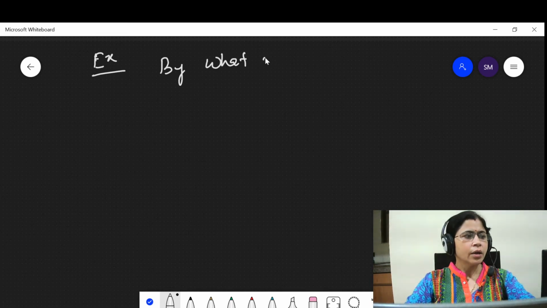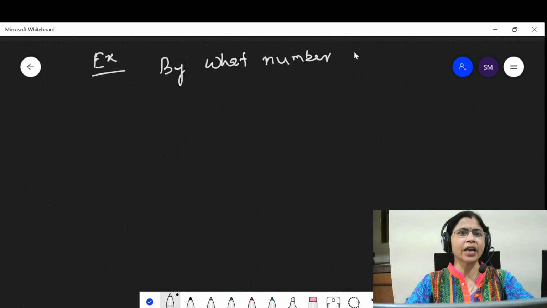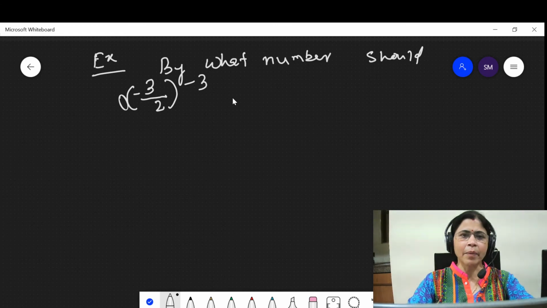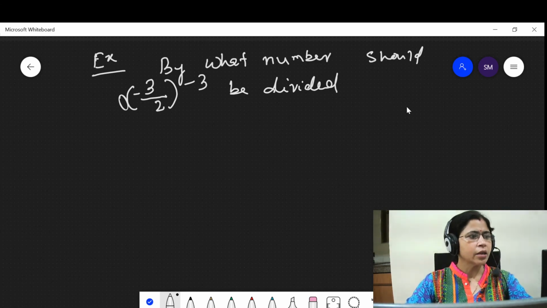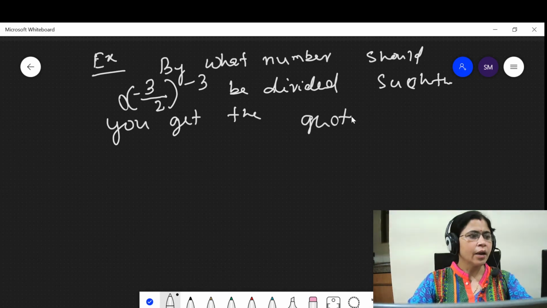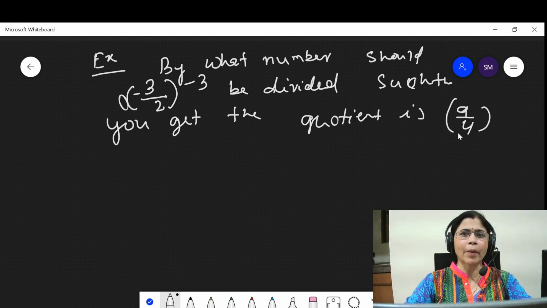When you understand the question well, only then can you solve it. The question says: by what number should (-3/2)^(-3) be divided such that you get the quotient (9/4)^(-2)?